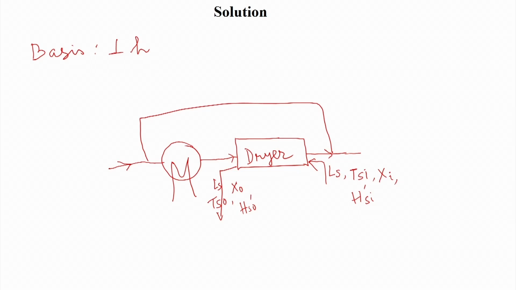The heater takes QH amount of heat to heat the drying medium, and when it enters the dryer, the flow rate of this hot air will be Gs2, temperature Tg2, humidity Y2, and enthalpy Hg2 prime.